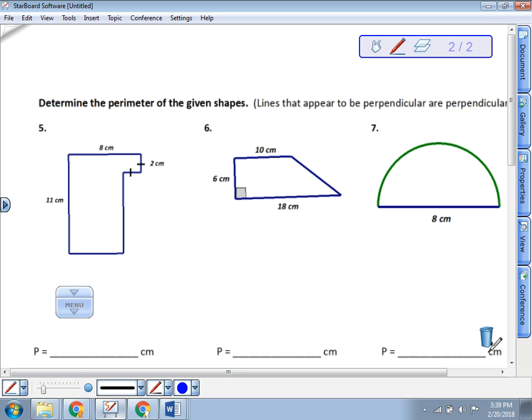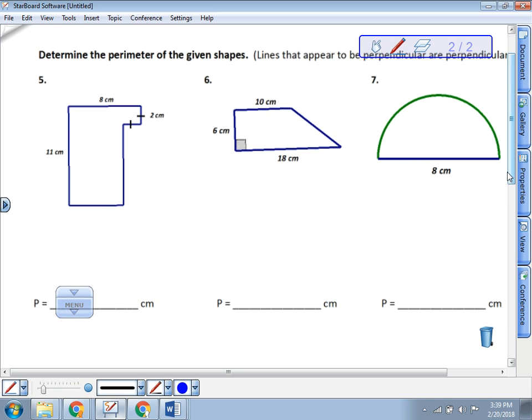Determine the perimeter of the given shapes. Pretty straightforward. Now this first one, we've got some tick marks. So if that's 2, that's 2. Now I've got to find this distance right here. The distance on top is 8, but I take away the 2, so this must be 6. And this whole thing is 11, but I take away 2, so this one must be 9.